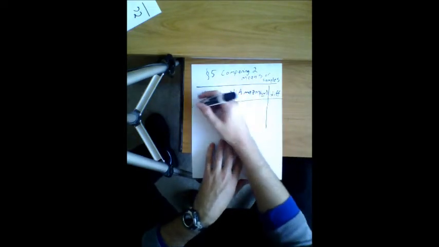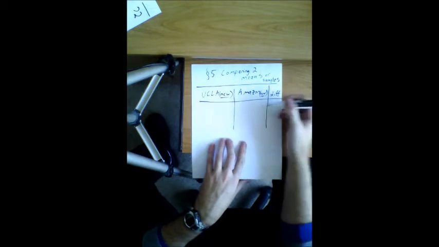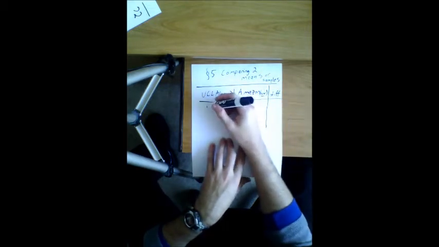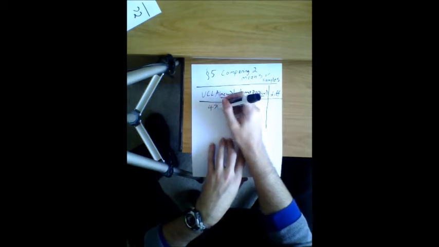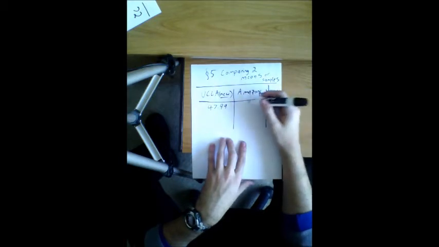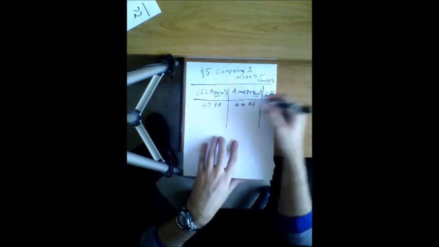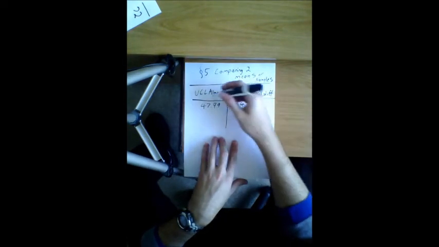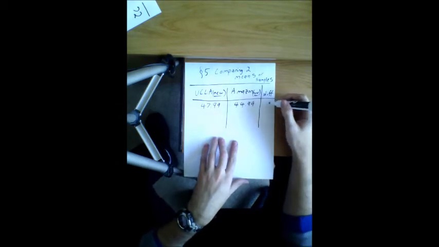So maybe we look at the product key, we make sure they're the same book, same edition, and we match them up. For the first book, same edition, same author, everything, maybe it's $47.99 at UCLA new, and at Amazon new, maybe it's $44.99. So the difference would be UCLA minus the Amazon to give us $3 of difference.